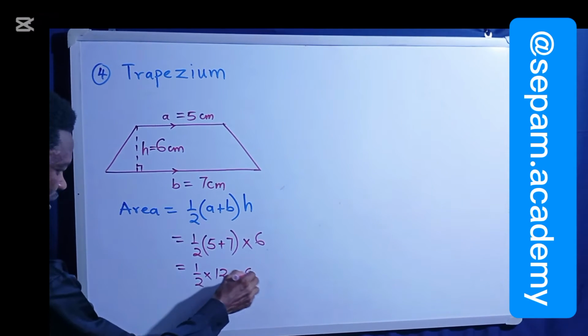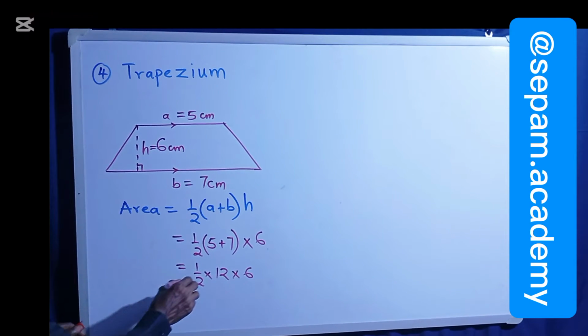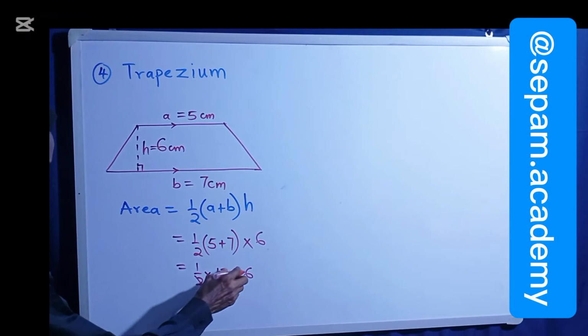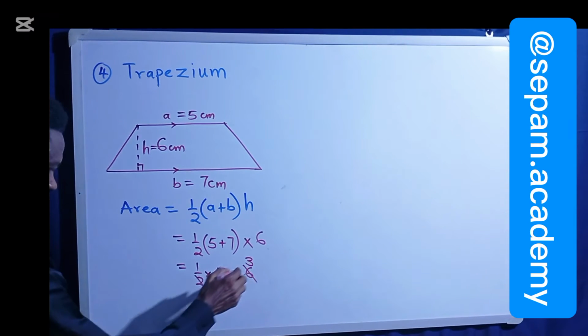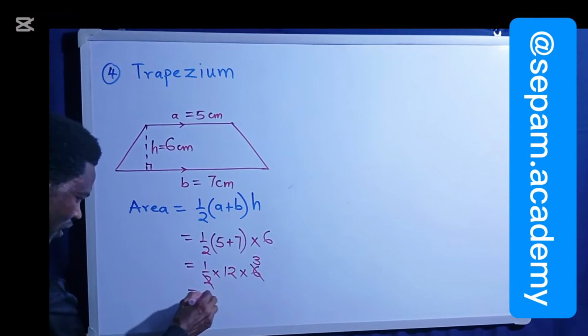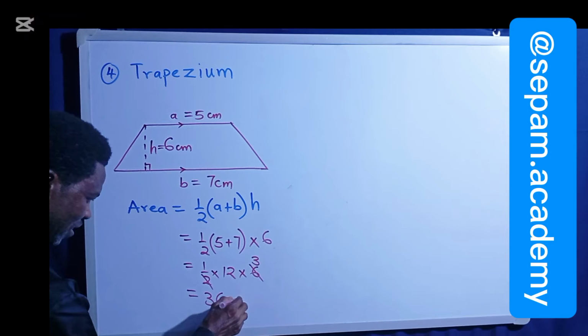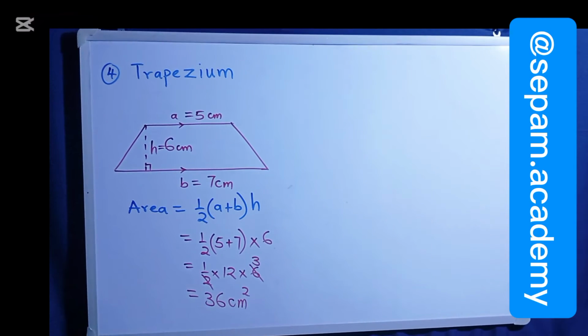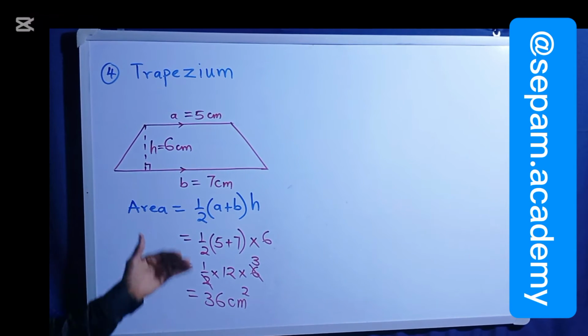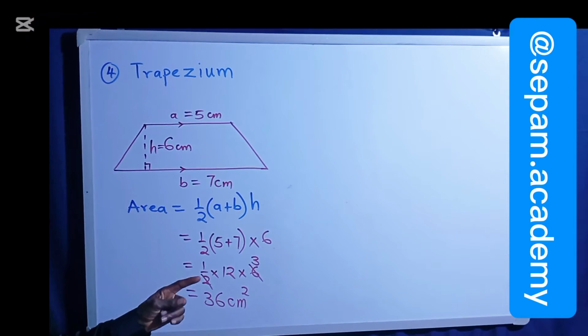If you look at this, this can go into this to give me 3. So that will be 36 cm square. So this is how you calculate the area of a trapezium.